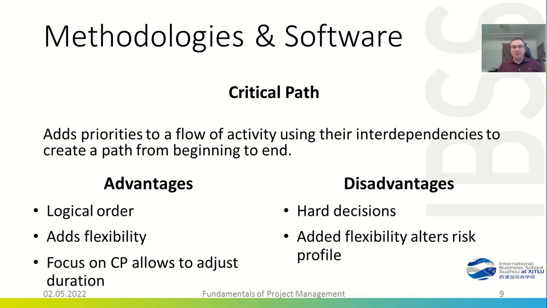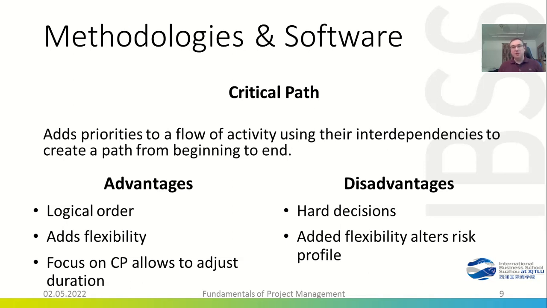Critical path method is adding priorities to different workflows that could technically happen at the same time by using their interdependency, creating a path from start to finish that we can then use when we want to adjust duration of the project. Now, obviously, this is adding a lot of flexibility to it, but remains logically ordered so that we have a logical flow now with priorities and resources added, which, in adding flexibility, alters our risk profile.